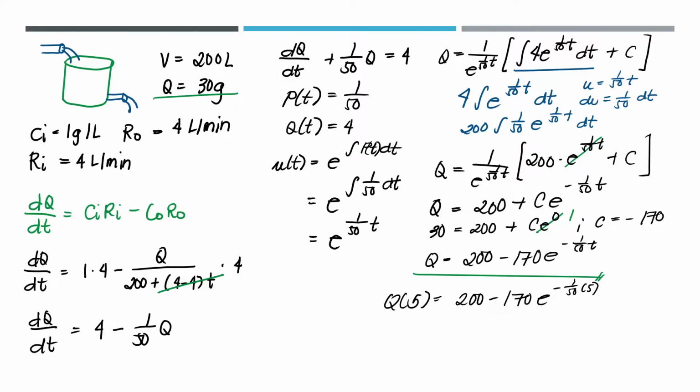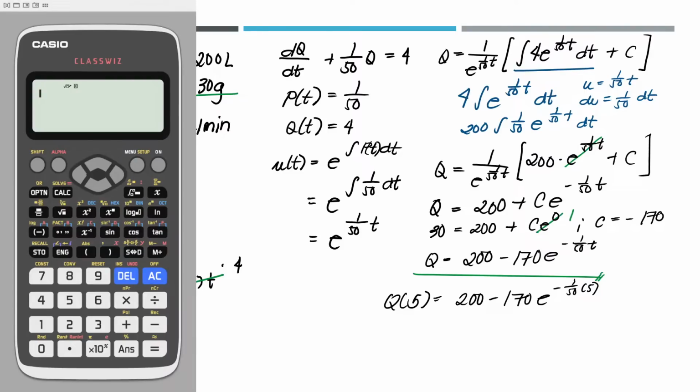Let's bring out the calculator. We have 200 minus 170. Then we have e, that is shift ln, so that e raised to negative 1 over 50 t appears. Then replace the t with alpha x, so we can solve for the value of Q at any given time.